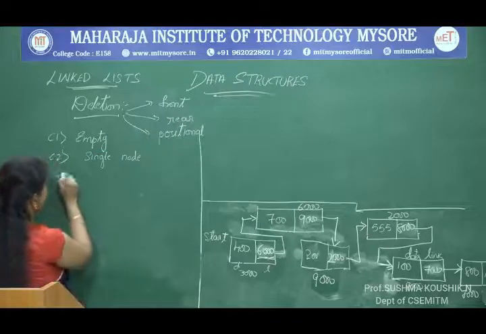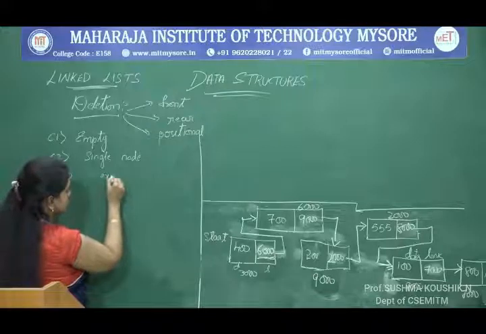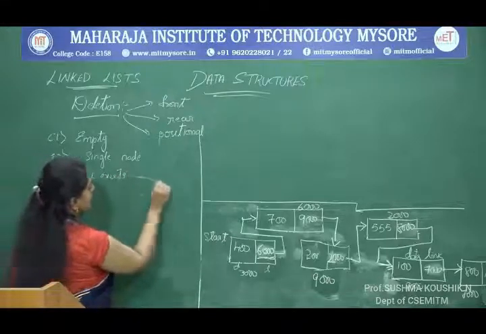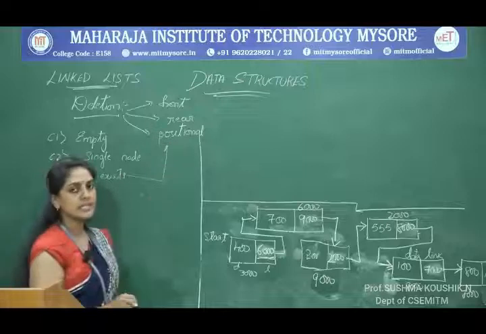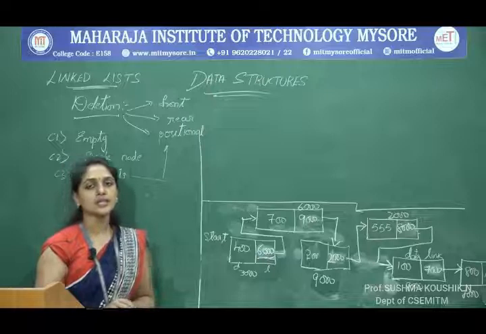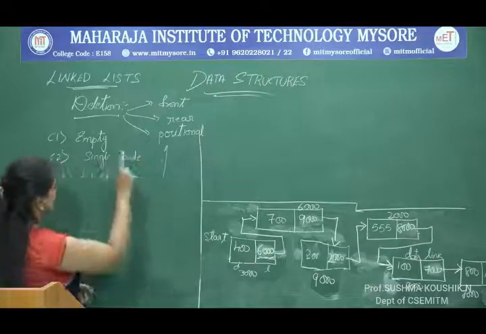And if the linked list exists with more than one node, then you have all three possible ways to do the deletion: either the front deletion, rear deletion, or the positional deletion. One by one we shall take up now. Front deletion.